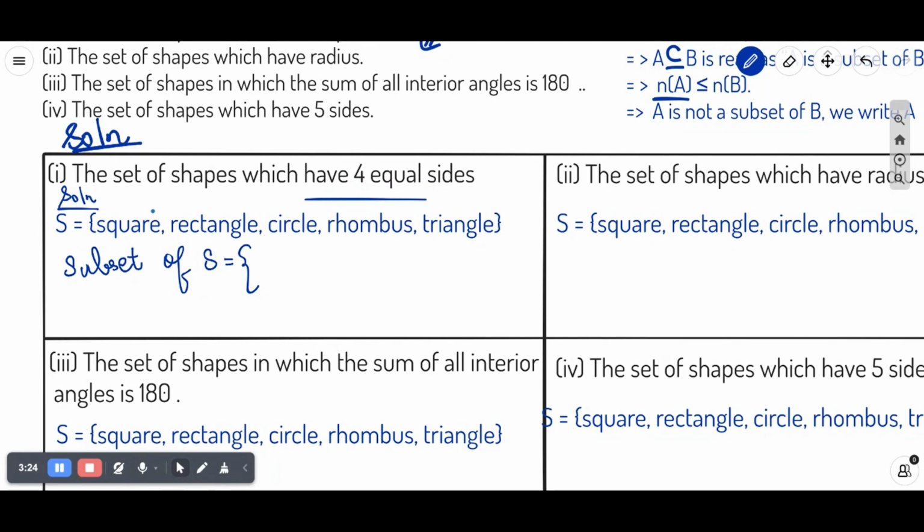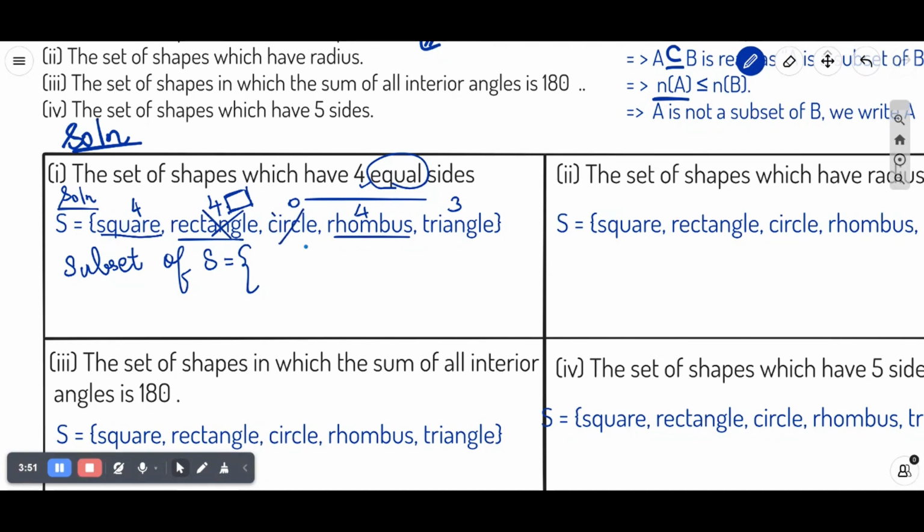So the thing is, it should have 4 sides. Square has 4 sides, rectangle has 4 sides, rhombus has 4 sides, triangle has 3 sides, circle has 0 sides. Now 4 sides are with square, rectangle and rhombus. Another condition is 4 equal sides. In a rectangle, only the opposite sides are of equal length, so this gets ruled out.